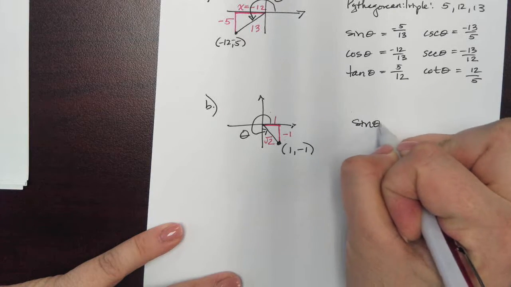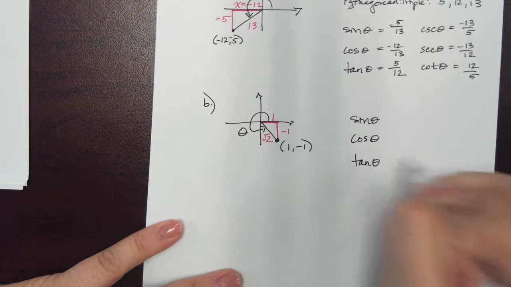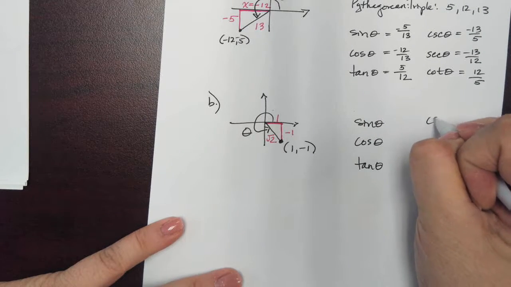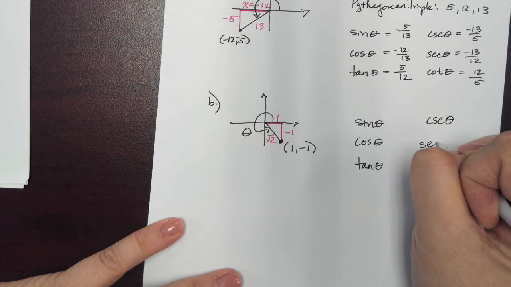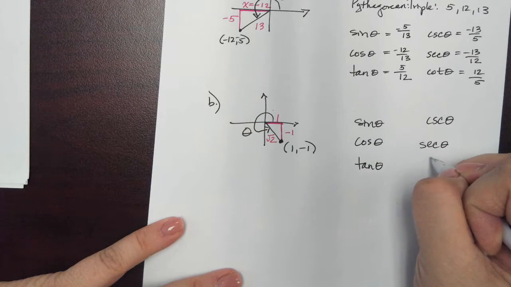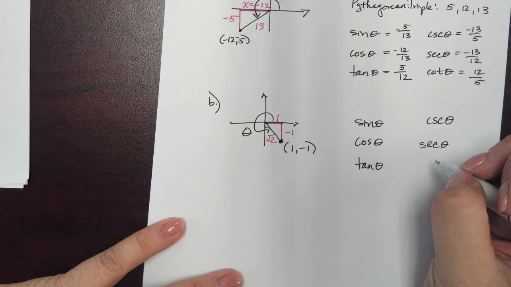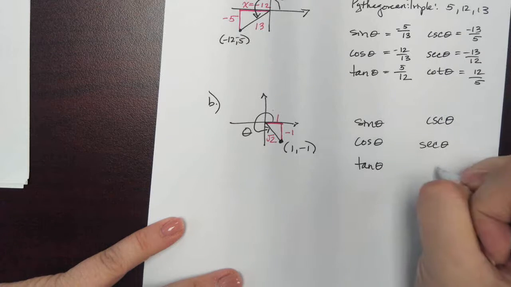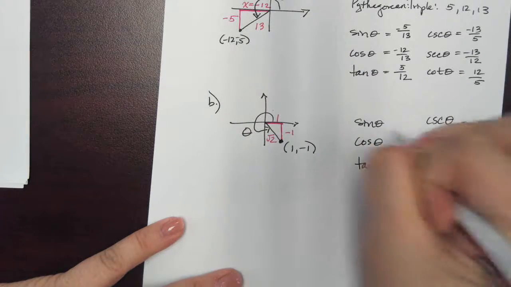All right, we need to find sine theta, cosine theta, tangent theta. Wait, is it on our unit circle? If the radius is square root of 2, that's different than the unit circle. Hang tight.